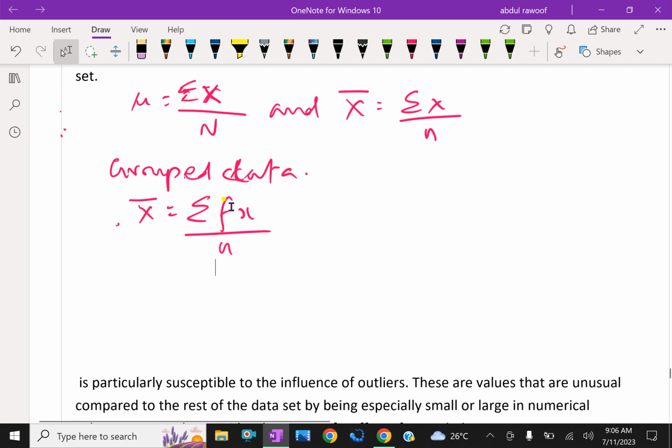That means each value has a frequency, how many times it is available in the set of data. Sigma fx means the product of frequency and each respective data value, summed up, which is divided by the number of samples, that is sigma fx by sigma f.